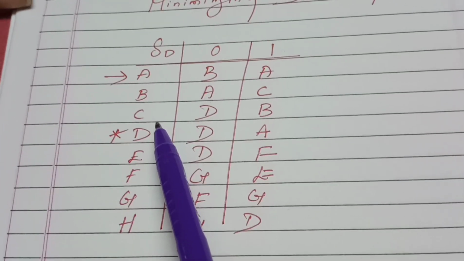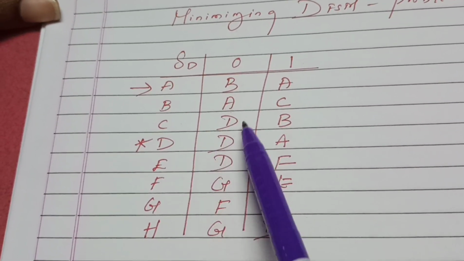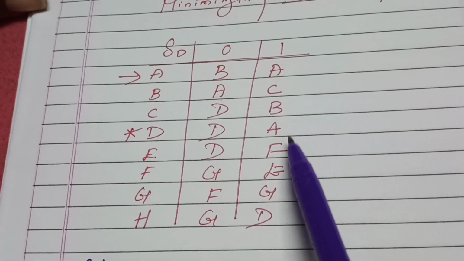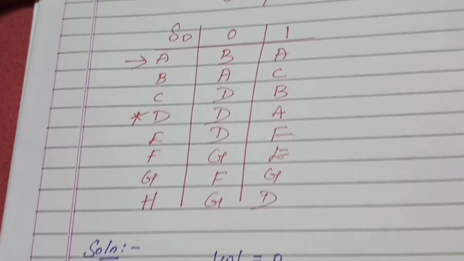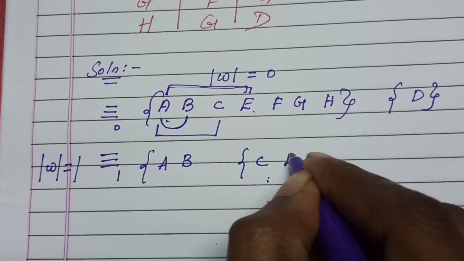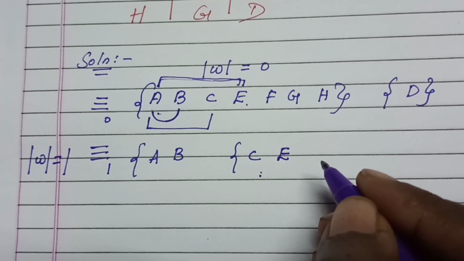Go to the transition table. Consider the states C and E. C and E on 0 go to D, one set. C and E, on reading 1, go to B and F. Of course, this B and F also belong to the same set. So E can be written along with C. In the sense, C and E are indistinguishable.